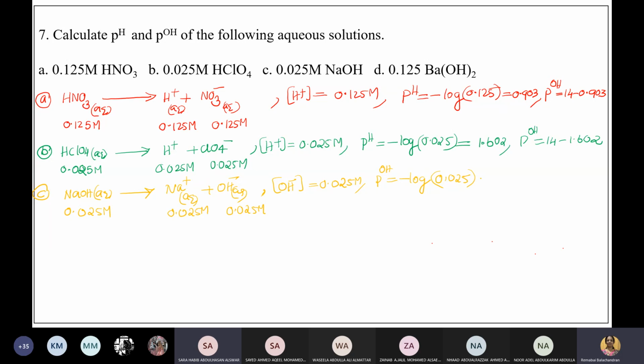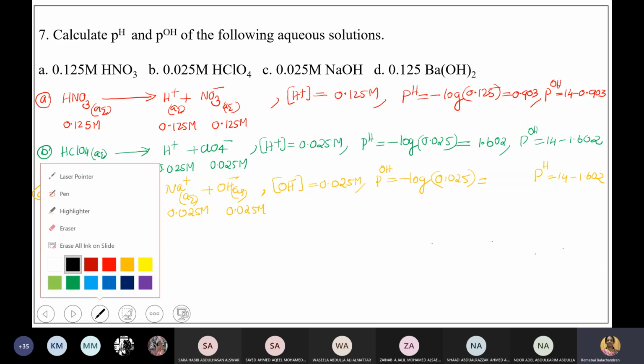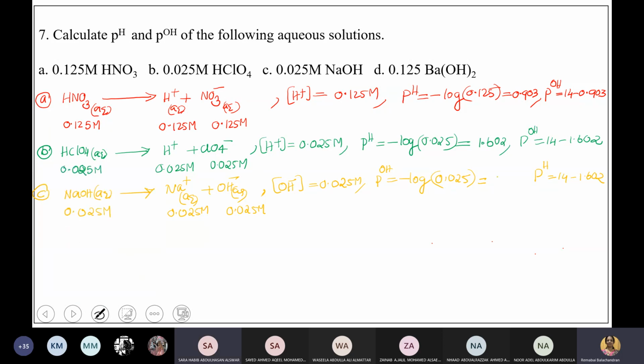So now what's the value? 1.602. Yeah, same thing, right? So pH is equal to 14 minus 1.602. You understand? So here first you found pOH, then pH, right? Yes.